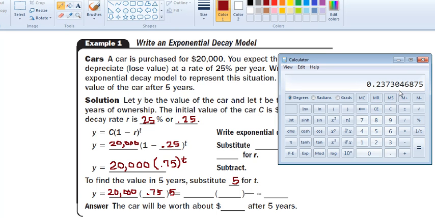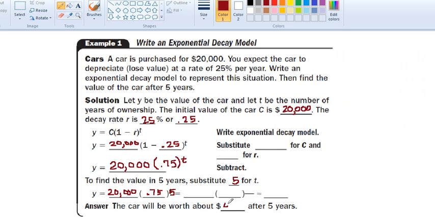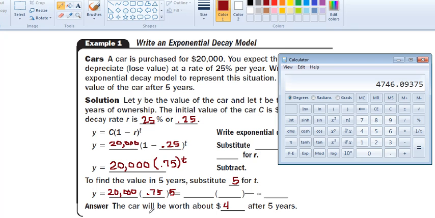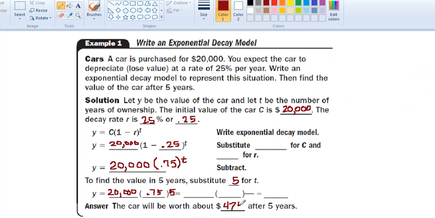Do that in your calculator. But that's not the value of the car. It's not 23 cents. We still have to multiply it by that 20,000 original value, and it comes to 4,000, and we'll round this off to the nearest dollar. It's 4,746 after 5 years.